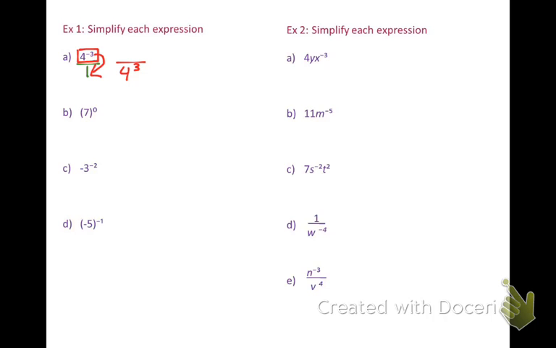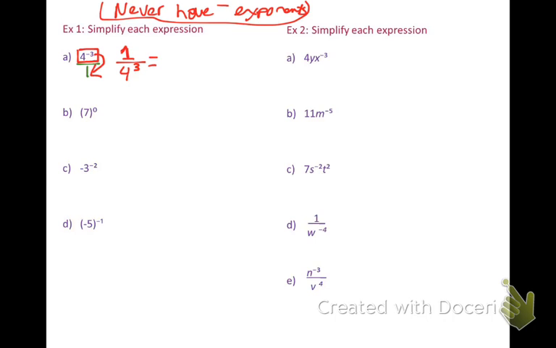Now, we can never have negative exponents. So we're going to make them positives. And then we say to ourselves, what do I have left on top? Well, in a way, you have nothing, so it's going to be a 1. Not a 0, a 1.